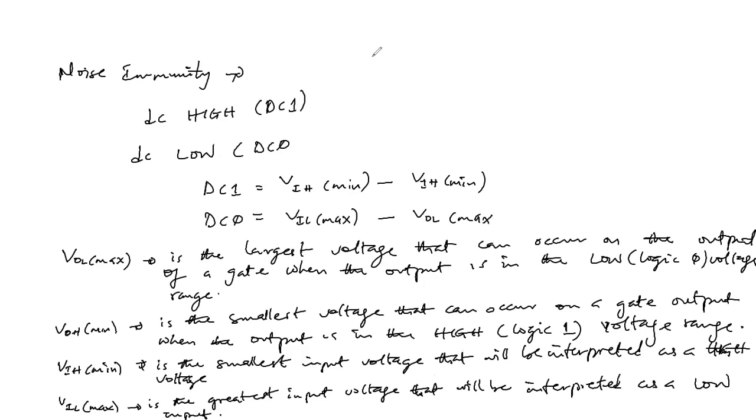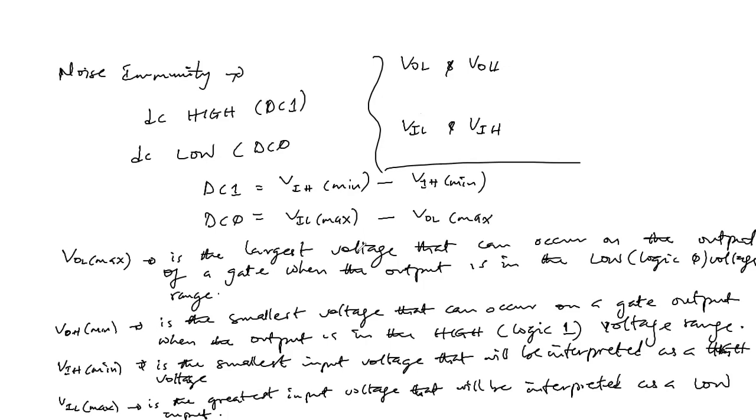So here, you note that VOL and VOH are usually specified by the manufacturer on the data sheet for the devices, while VIL and VIH are usually determined from the voltage transfer curve given the VOL and VOH.